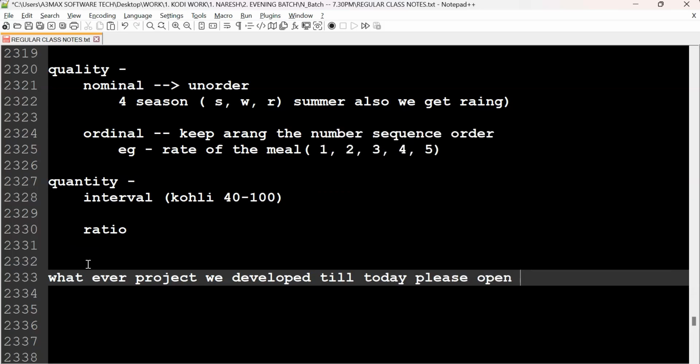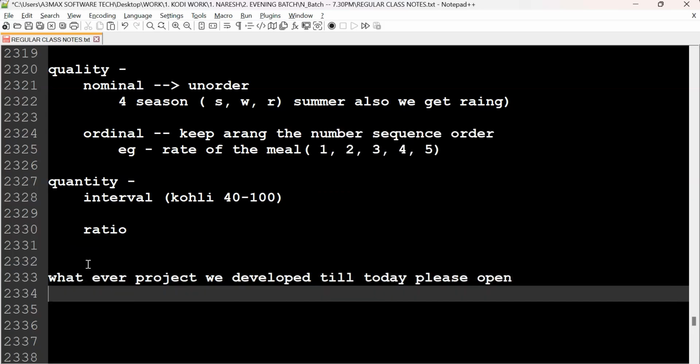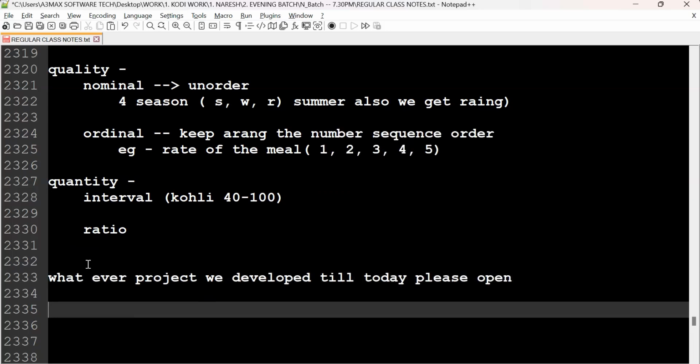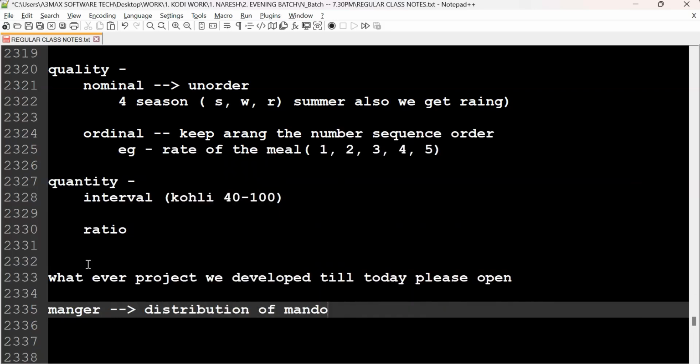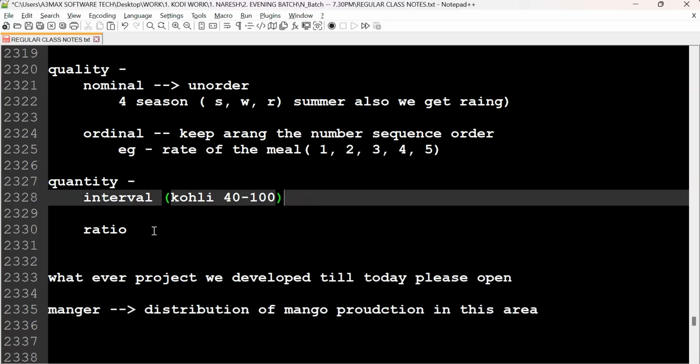Whether you do country GDP, iris flower data set analysis, Seaborn, Matplotlib, or EDA, anything you've worked on, it is an interval. In a company, the managers want to know, can you give me the distribution of mango production in this area? I try to give them a range or not? So interval is very powerful.